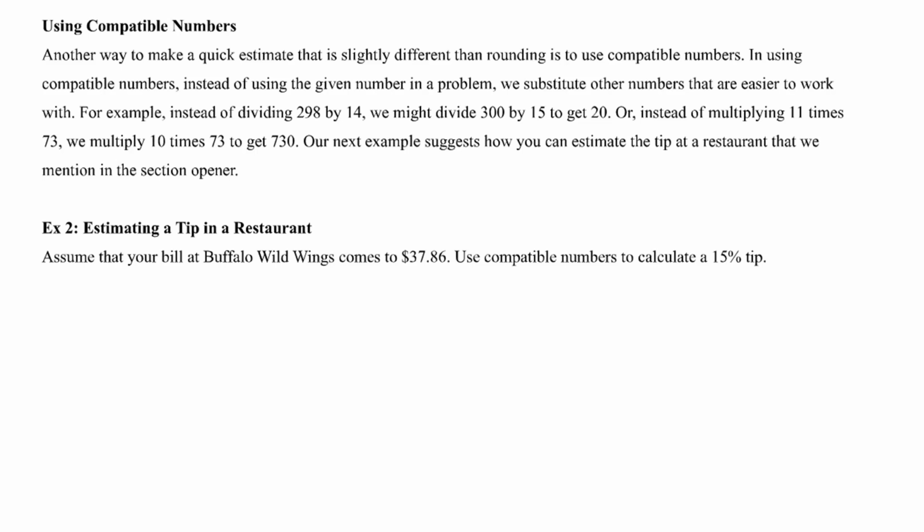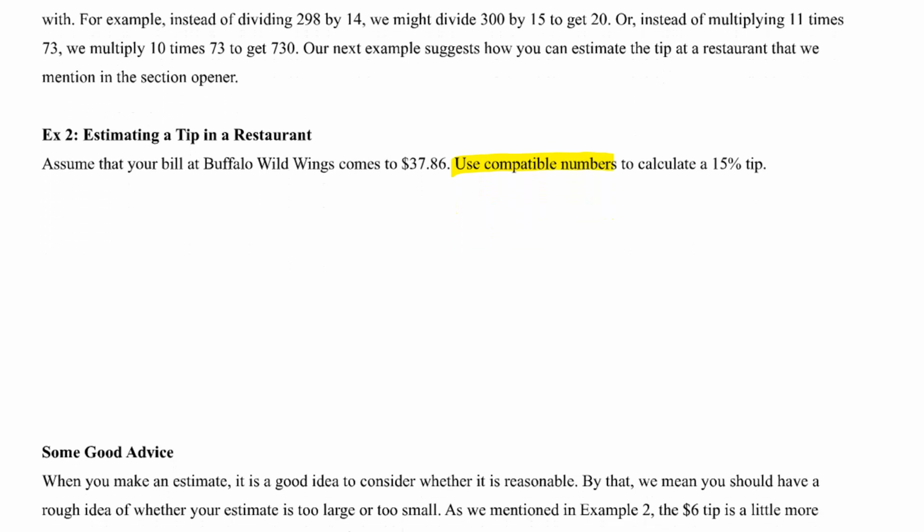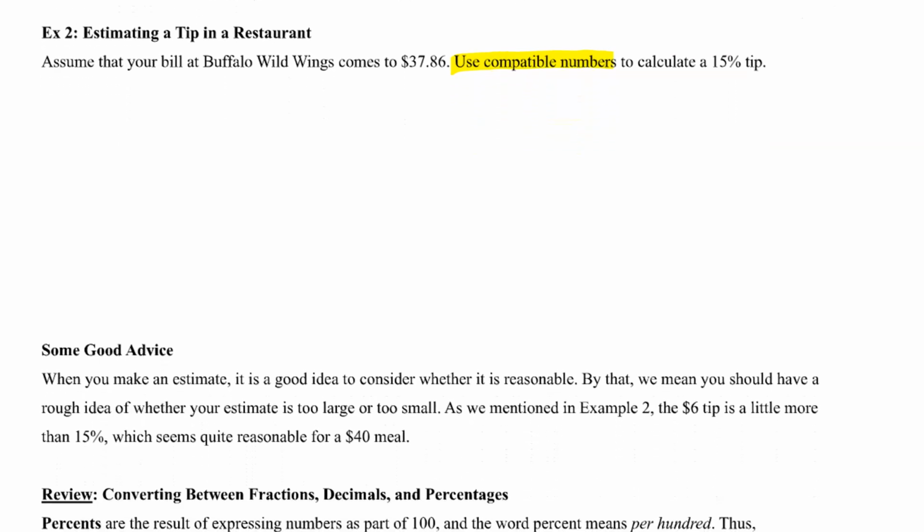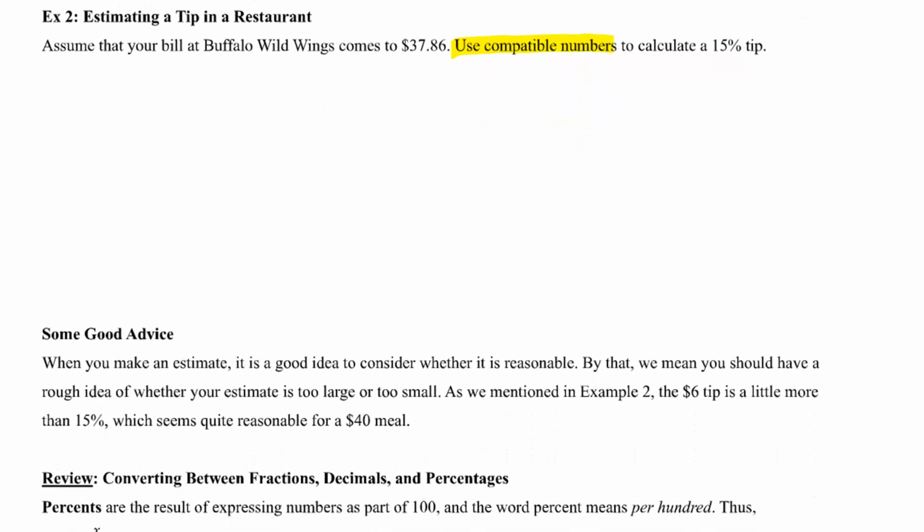So we are told that our bill at Buffalo Wild Wings is $37.86. We want to use compatible numbers to calculate a 15% tip. Like we said, with compatible numbers, we're choosing a convenient number that's relatively close to the value we started with.